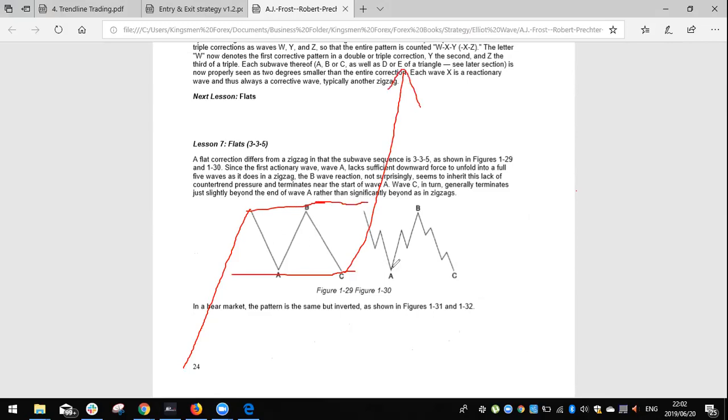Okay, the trick with this one is that the strategy that I showed you won't work on a flat correction. Let me show you why.